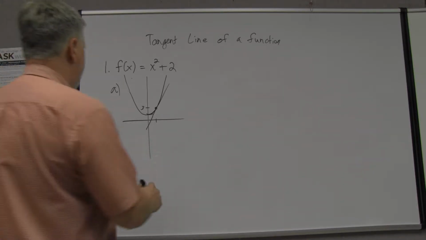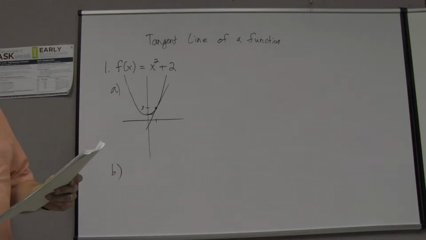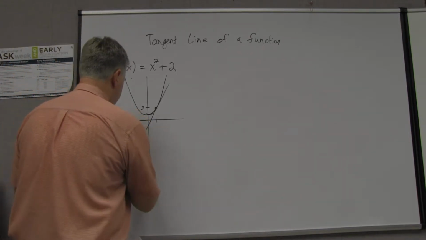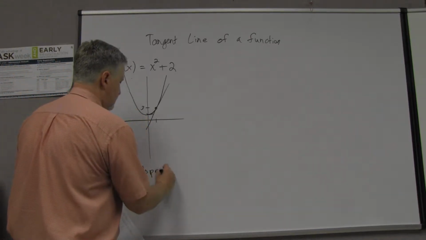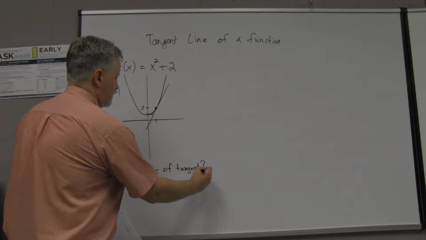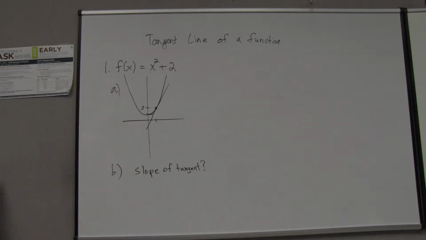So B part of number 1, how could we figure out the slope of that tangent line at the point 1, 3? Well, it's a line, and so there's a couple of options to figure that out.